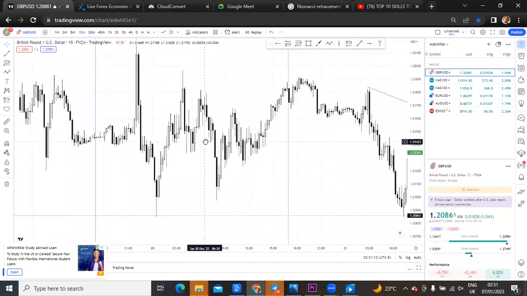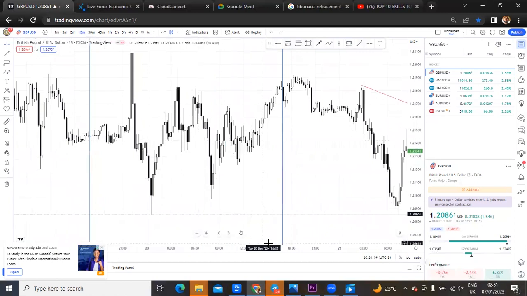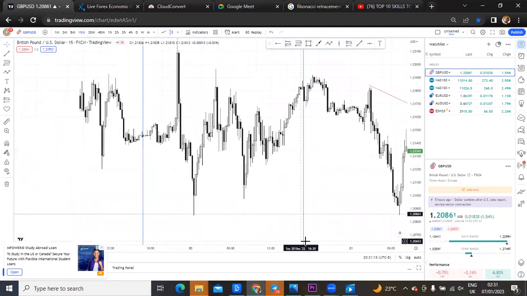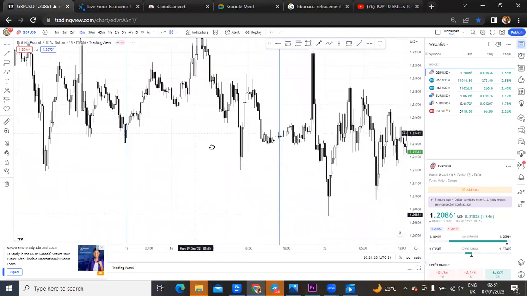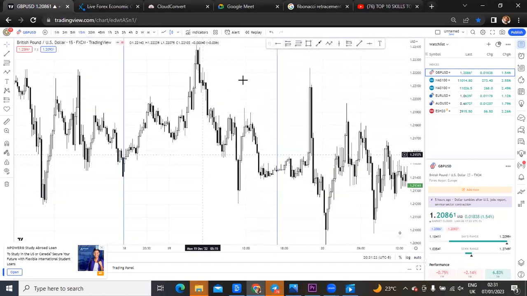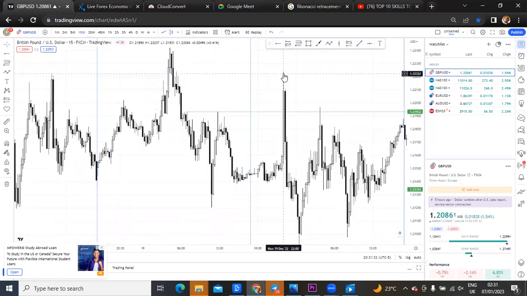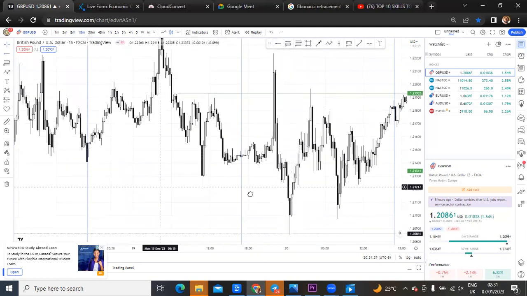So I'm looking for relatively equal lows or relatively equal highs to show you guys. I've just seen one relatively equal highs right here. I can see this week and this week are equal highs. And what happened? See, price shot up to take them out, and then price slammed back down.